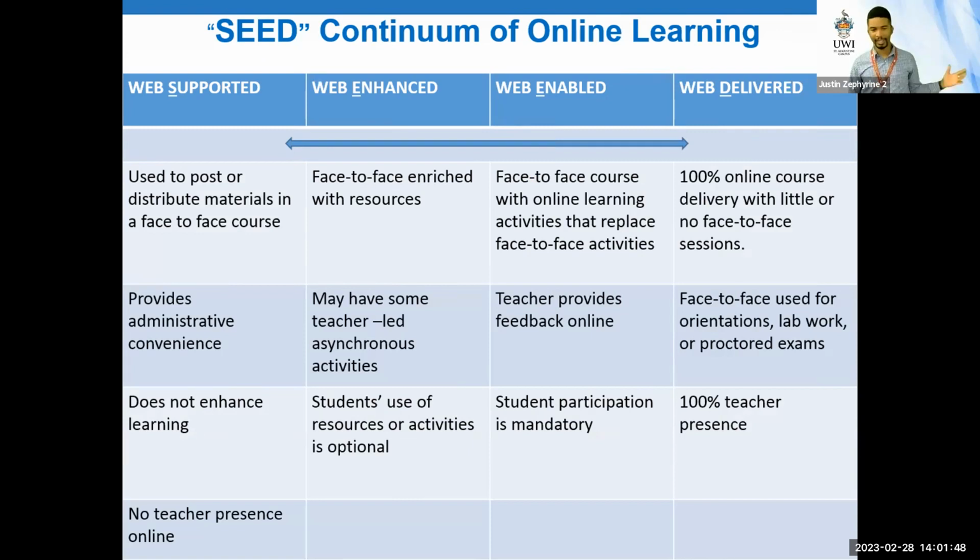On the left side of this particular continuum, there are different versions of it, and I know before we had a conversation about this. So we have the web supported. Web supported means that you use the online environment for registration, and after that there's no high-end technology integration in your course or class.